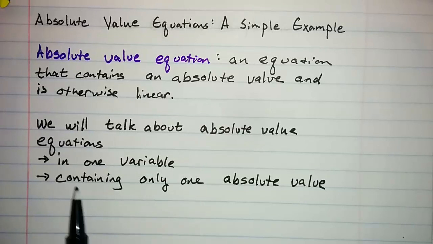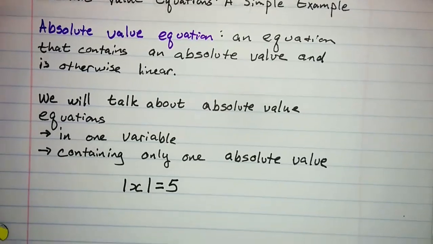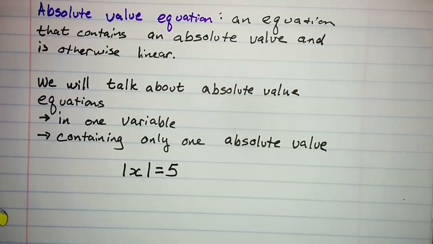Now, the simplest example of an equation in one variable containing one absolute value, I think, would be something like this. The equation absolute value of x equals 5. Now, how would you go about solving this equation?